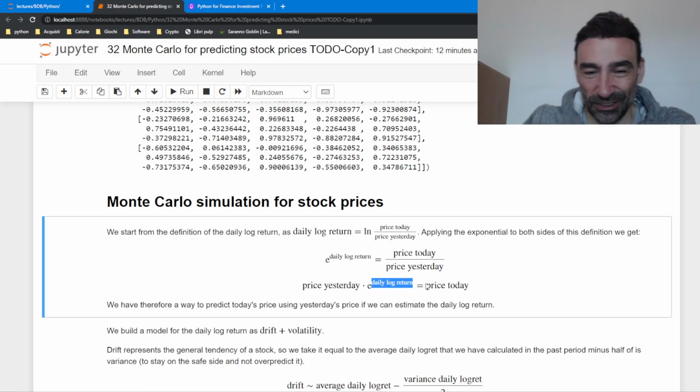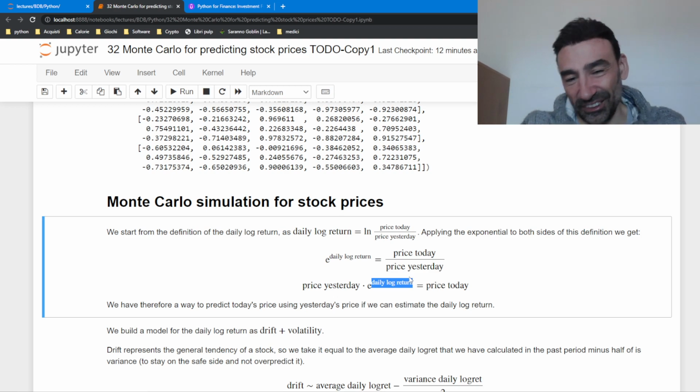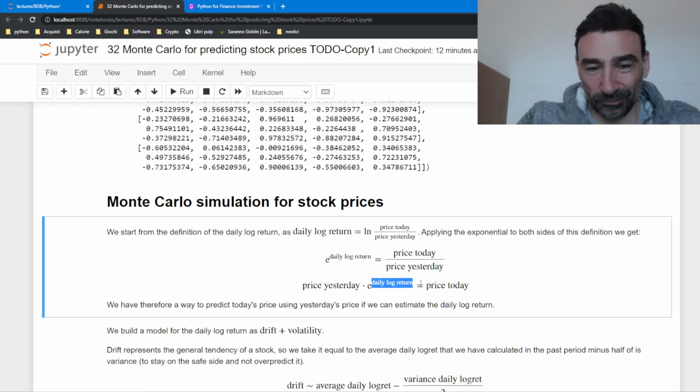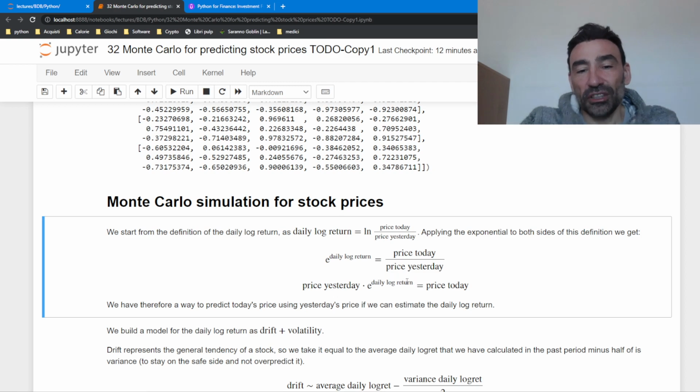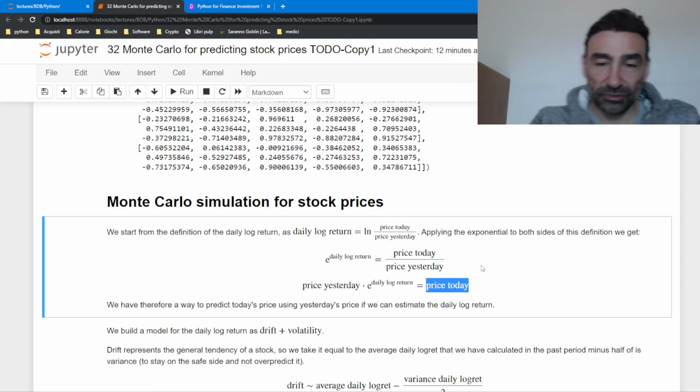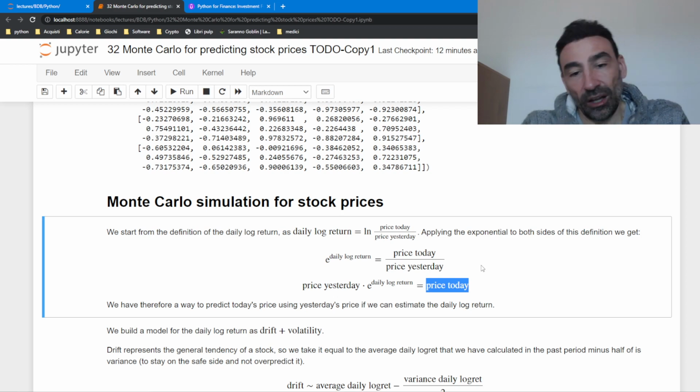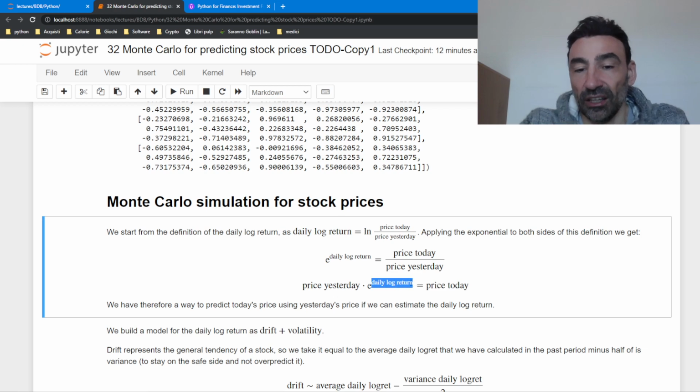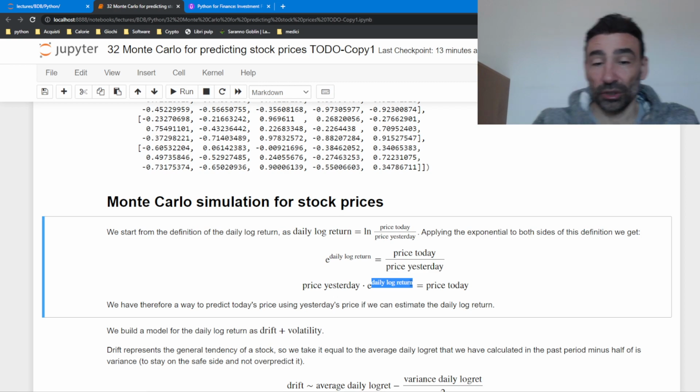So this is the daily log return of today, not of yesterday. Okay, so if we just knew the daily log return of today, we could exactly determine the price of today using this formula. Unfortunately, obviously, we don't know the daily log return of today. However, we know the typical distribution of the daily log returns.